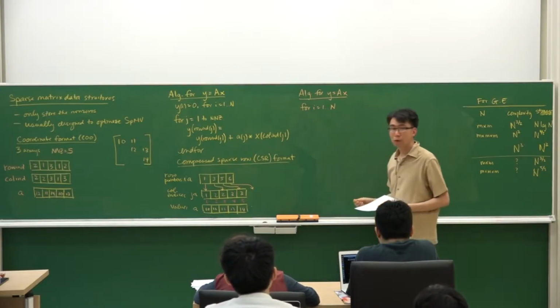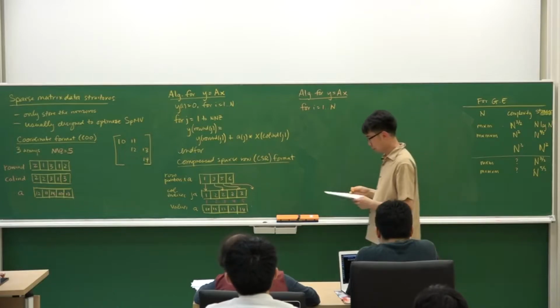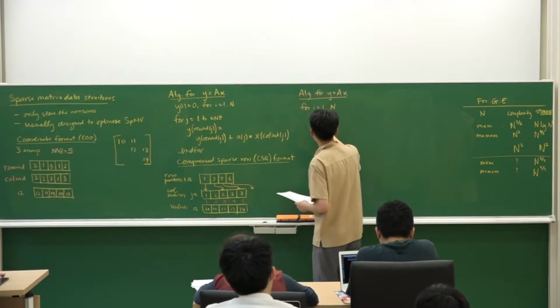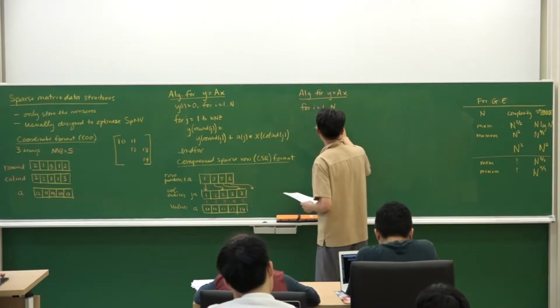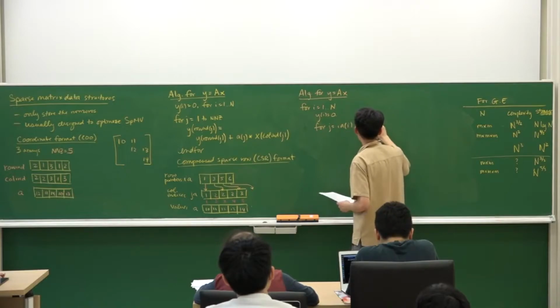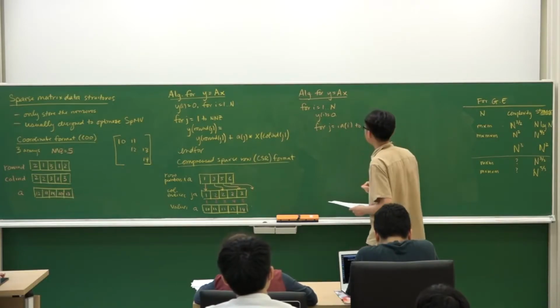And then we're going to loop over all of the entries in each row. Well, let's set y_i equals 0 first. For j equals IA(i) to IA(i+1) minus 1.